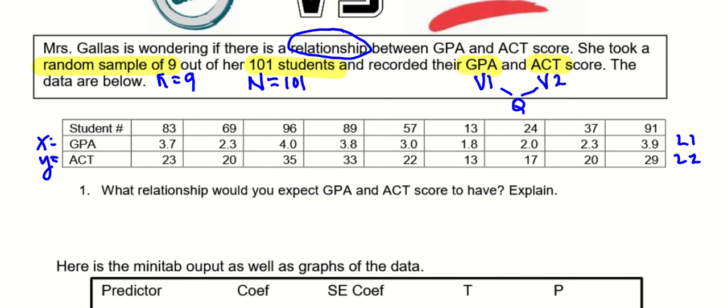Okay, with that being done, what relationship would you expect GPA and ACT score to have? Well, I think it would be reasonable to expect that as GPA increases, that ACT will increase.